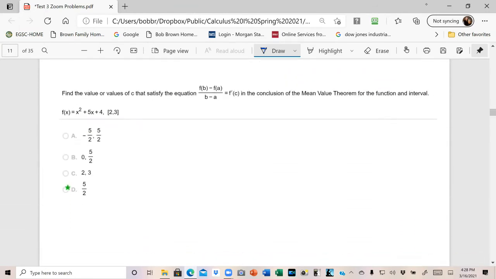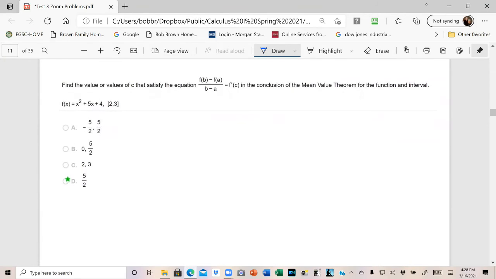Now we've got the mean value theorem, and we have a quadratic function that is definitely differentiable between 2 and 3. And so we want to calculate alpha of b minus alpha of a divided by b minus a. A is 2, b is 3.